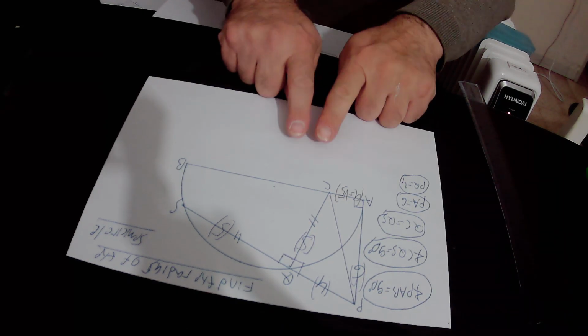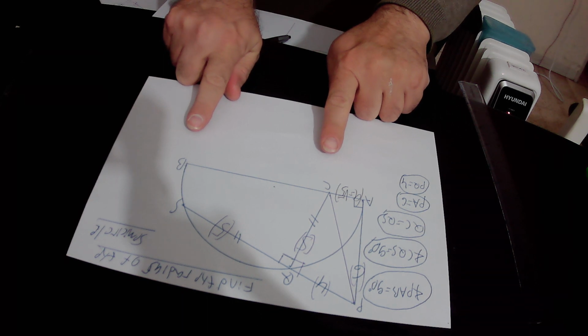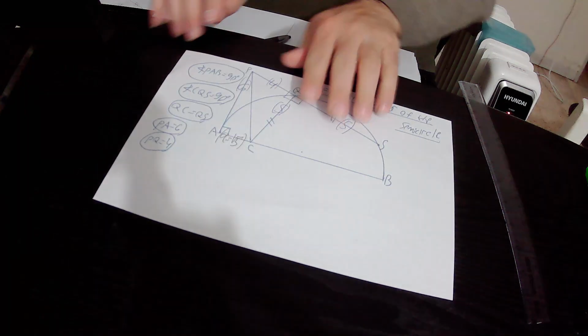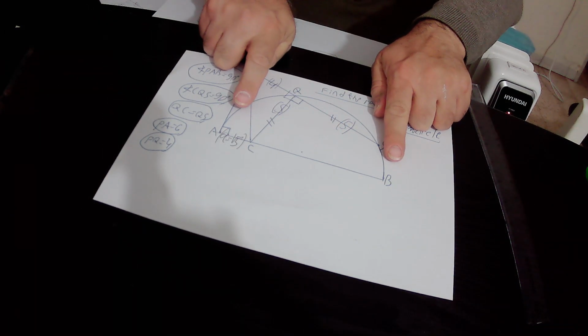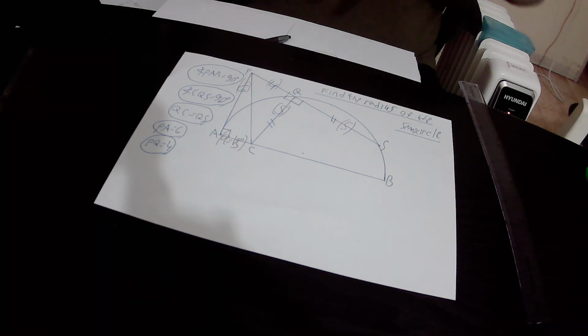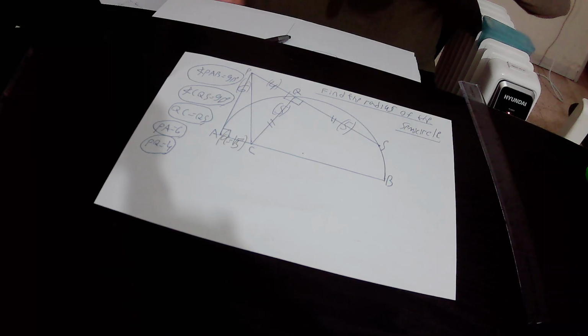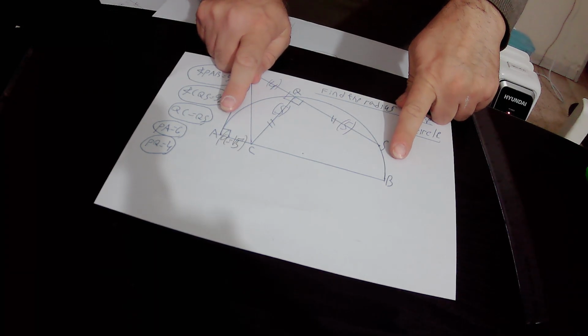What is the length of CB? What is the length of line segment CB? From the drawing it's very easy to see that CB equals AB minus AC. Because this is a semicircle, AB must be the diameter of the semicircle.